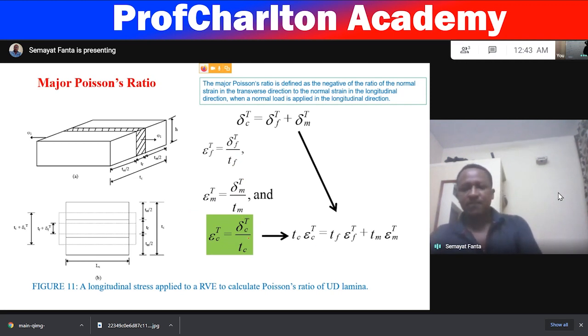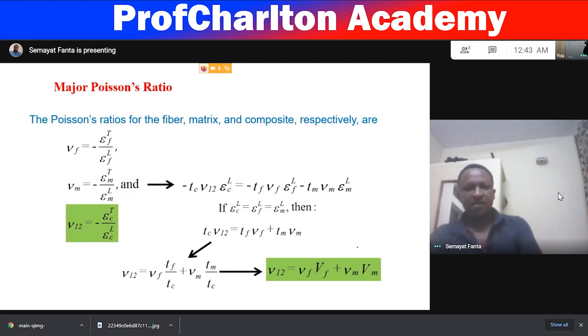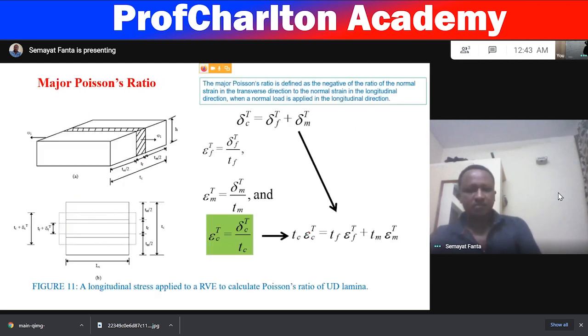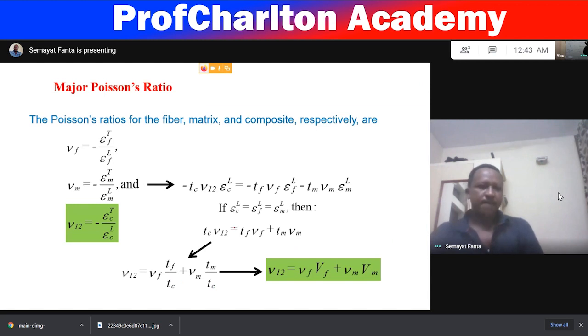From this relation, substituting these parameters here, we can get the transverse strain of the composite. For that we substitute it in terms of these parameters.